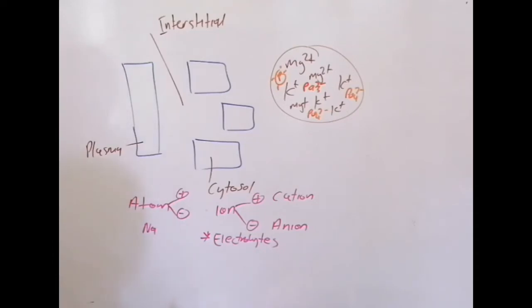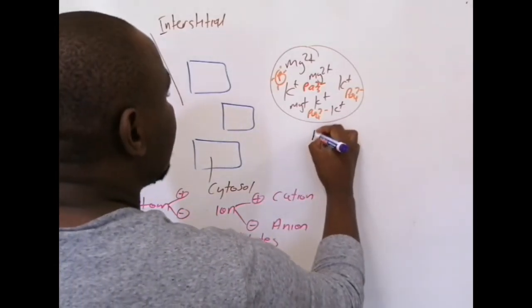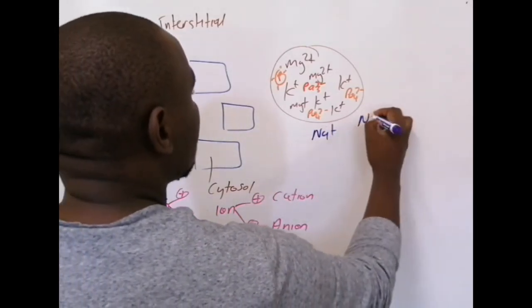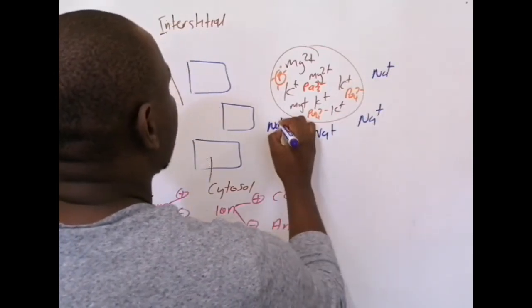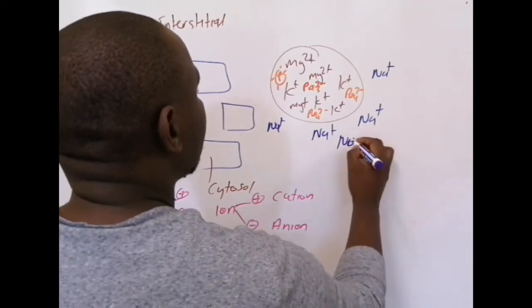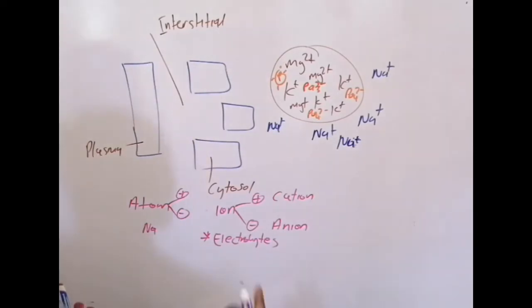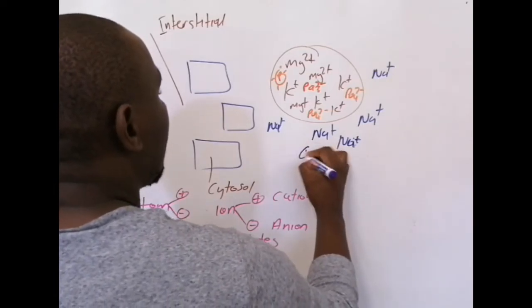Now, when you go to the outside of the cell, in the extracellular fluid, the most abundant cation is sodium. The second most abundant cation outside the cell in the extracellular fluid is calcium.